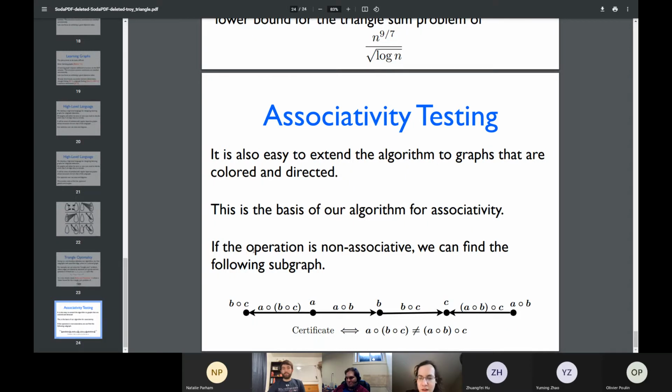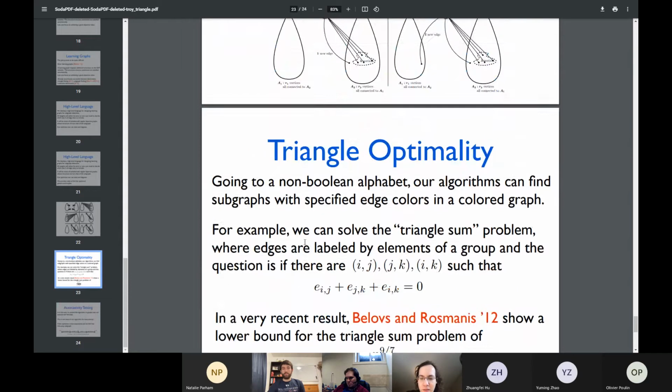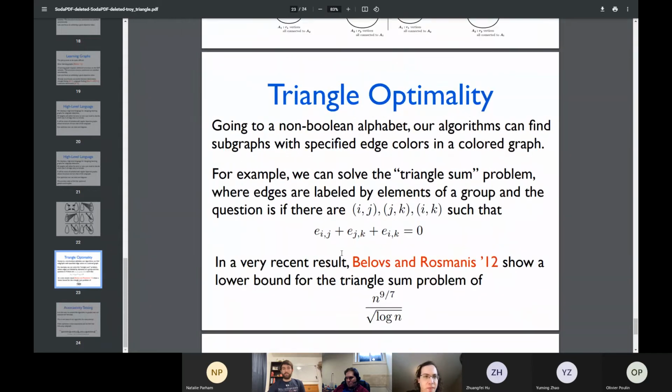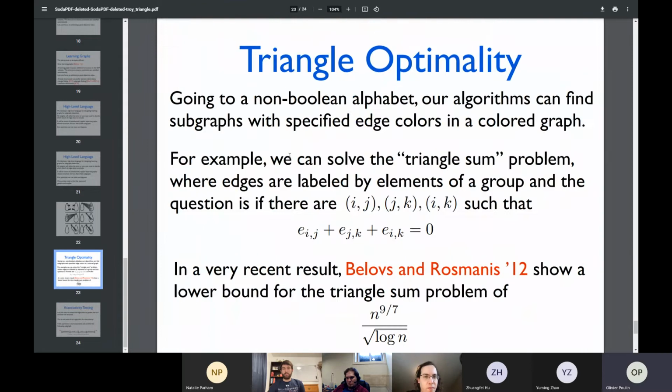So did their algorithm for the triangle sum end up being tight then, or the triangle sum here? Yeah, I believe so. Okay, but not for triangle finding, I guess. Let me just double check.